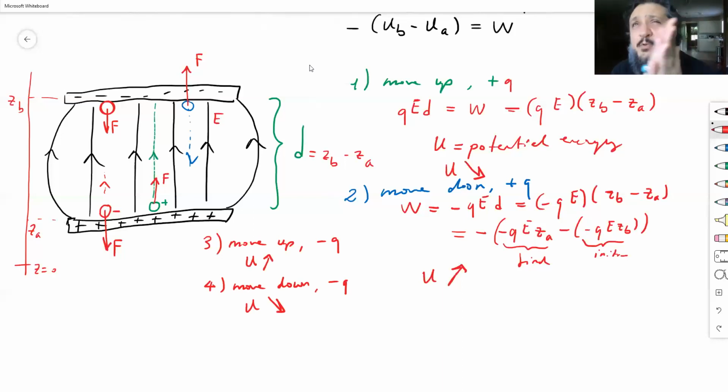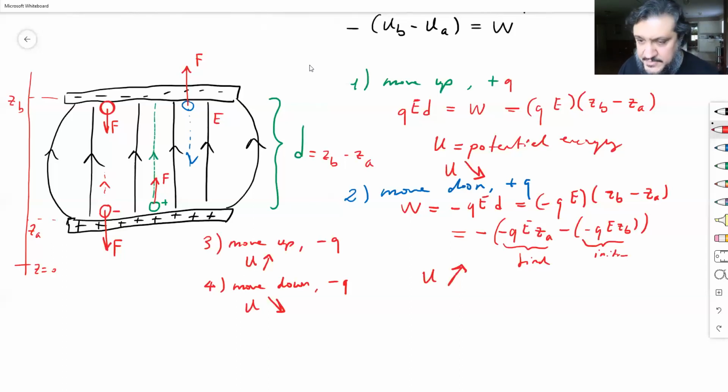Whenever you're doing something that increases the electric potential energy, it is actually you who is doing the positive work, right? And if the charge wants to go in that direction under the influence of the electric field, then that force is doing the work, and the potential energy will go down. So that is the idea behind electric potential energy.